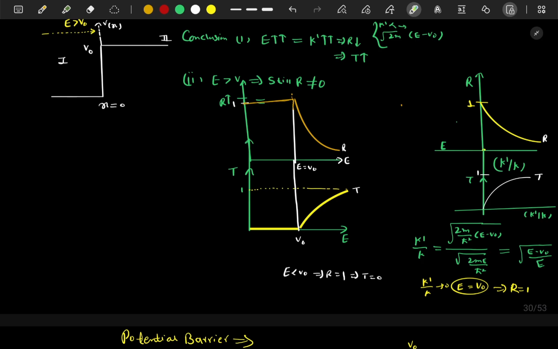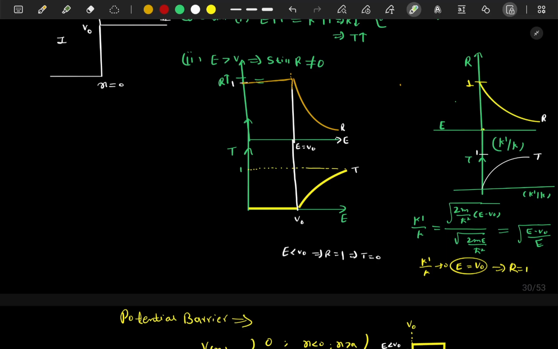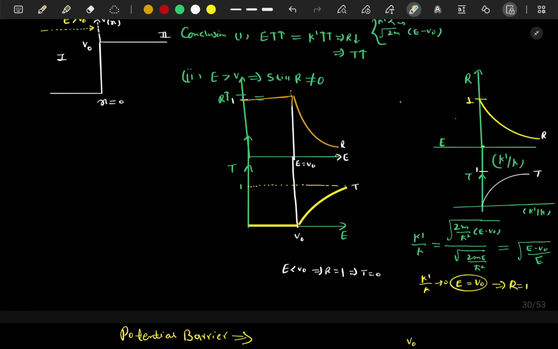And when E is greater than V naught, what will happen? Exponential decay, and this is exponential increase. This is the graph. This will be the transmission coefficient. Here also, what is happening? This and this.